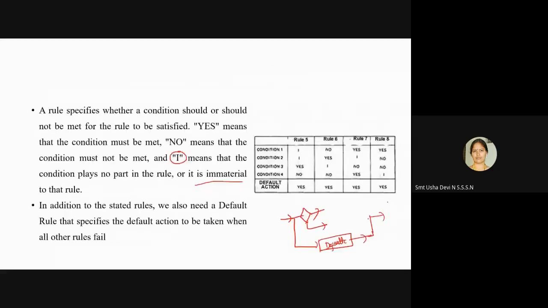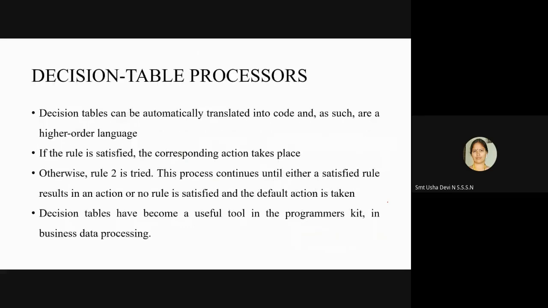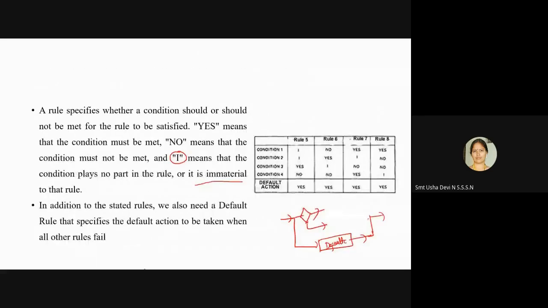So what about this immaterial case? That particular value may take either true or false, yes or no. A simple example I would like to tell regarding this.